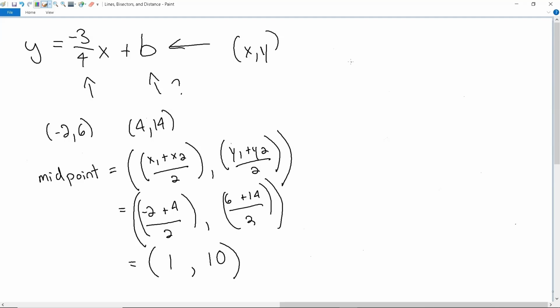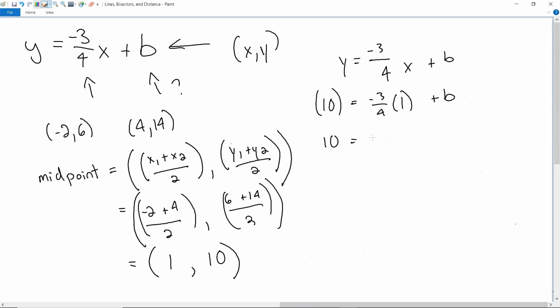Now all that's left to do is plug that point into this half finished equation. So y is going to be 10, and x is going to be 1. I'm just going to rewrite this fraction as a decimal.